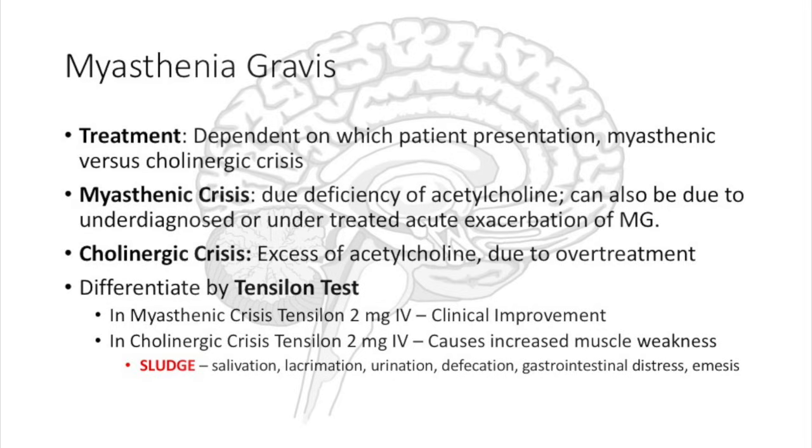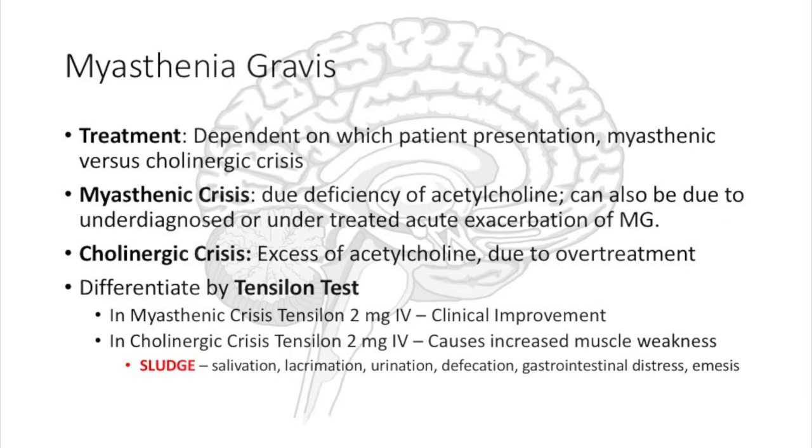Since both of these present the same way, you're going to differentiate this, at least for the CCRN test, by the Tensilon test. In myasthenic crisis, Tensilon 2 mg IV causes clinical improvement, so decreased muscular weakness. In cholinergic crisis, the Tensilon IV can cause increased muscular weakness.